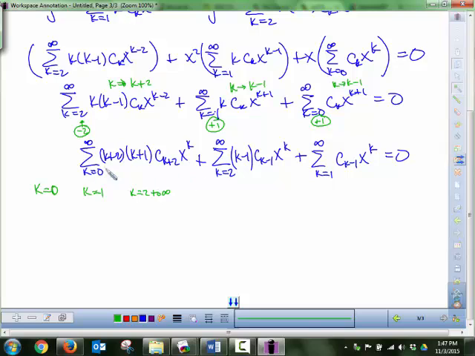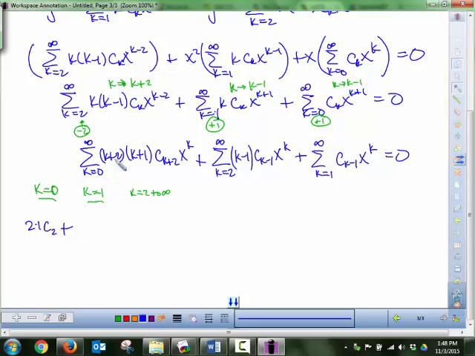I don't want to write out everything, but if I write down the first couple of terms, k equal to 0 and k equal to 1, from this first summation, I can take them out of the summation, so my summation starts from 2. When k is equal to 0, I have 0 plus 2 times 0 plus 1, so that's 2 times 1 times c sub 2, x to the 0 power, so that's just a constant. That's the first term for this sum.